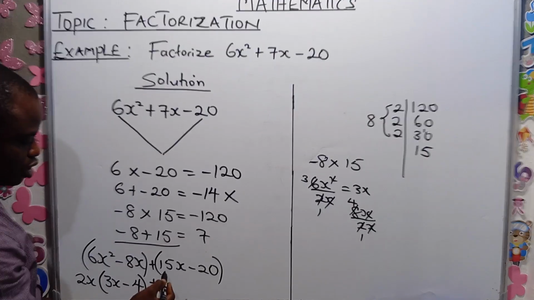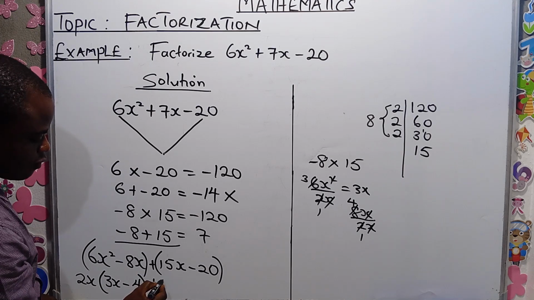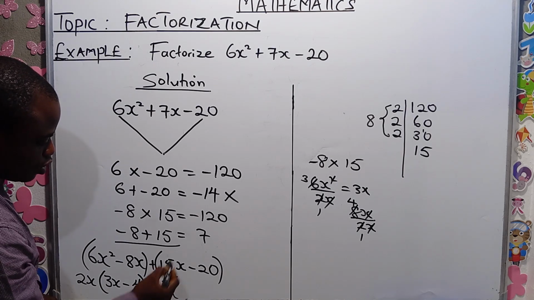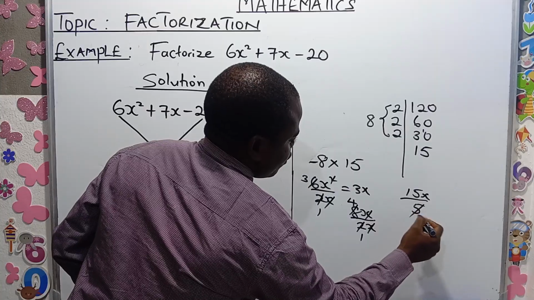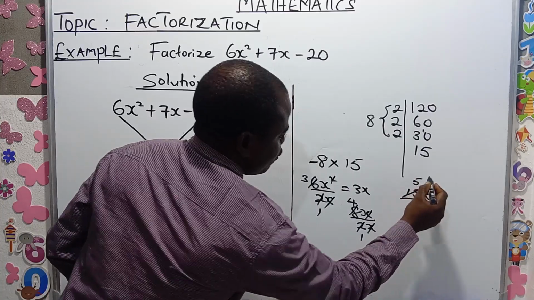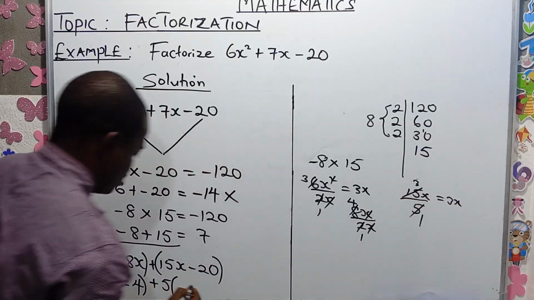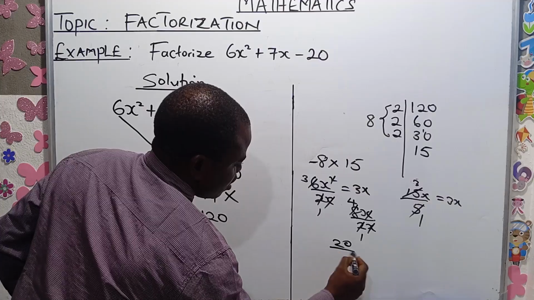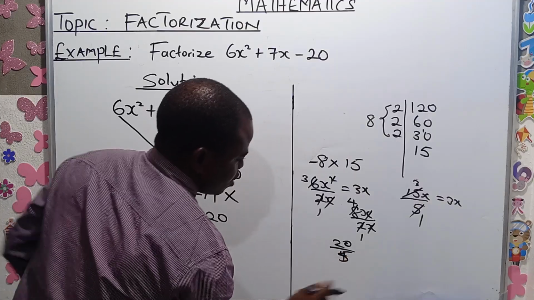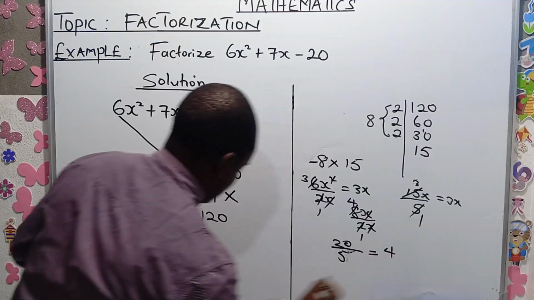Plus, what is the number that can go in both 15x and 20? It is 5. 5 goes in 15x: 15x divided by 5 is 3x. Now minus 20 divided by 5, that is 4.